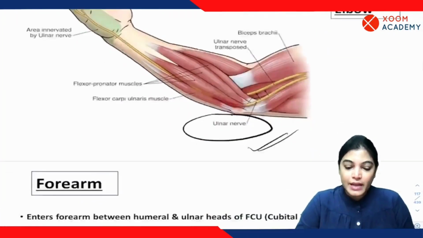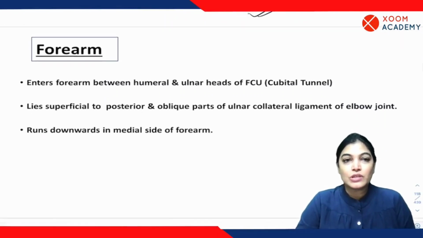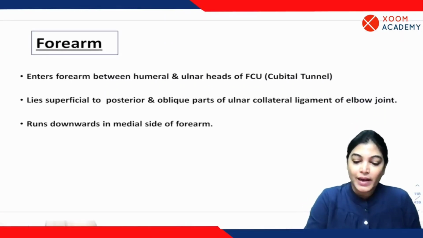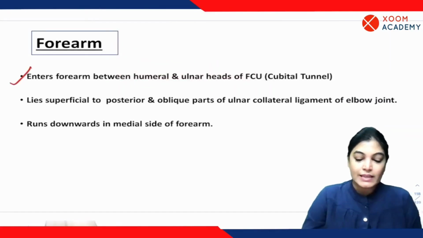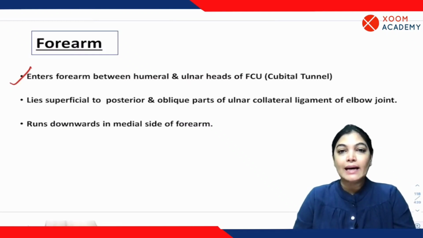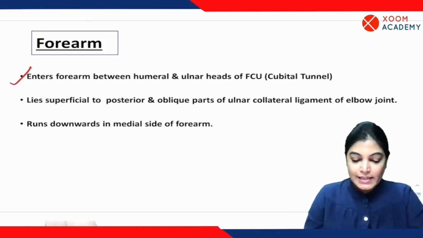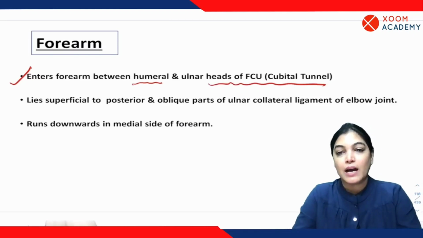Now, after that, it will reach the forearm. When it is reaching the forearm, it enters exactly between the humeral and ulnar head of flexor carpi ulnaris.